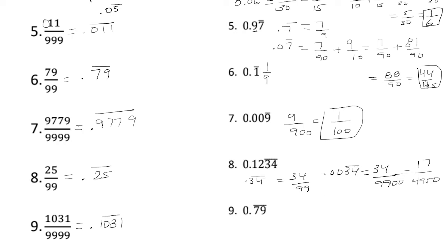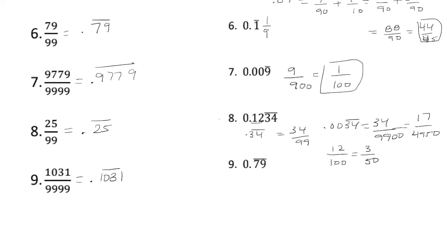The next step, I have to add this 0.12. So that's 12 hundredths. Or, dividing by 4, it's 3 out of 50. So this math is a bit tricky. We have 3 out of 50, adding it to 17 over 4950.